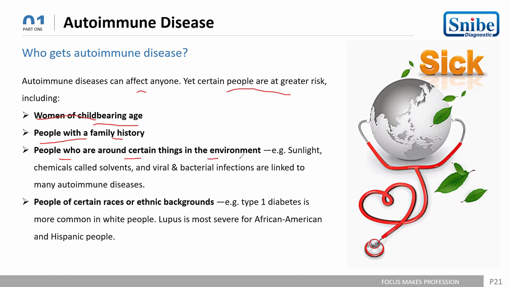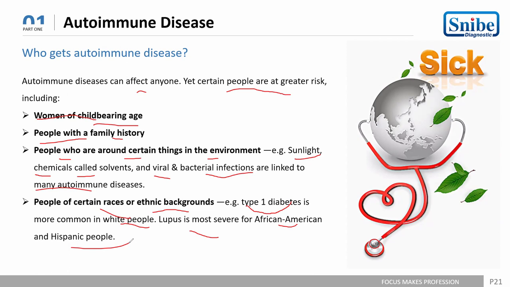People around certain things in the environment, like sun exposure, chemicals, solvents, and viral and bacterial infections, are linked to many autoimmune diseases. People of certain races and ethnic backgrounds may be prone to type 1 diabetes, which is more common in white people, and lupus is more severe for African American and Hispanic people.